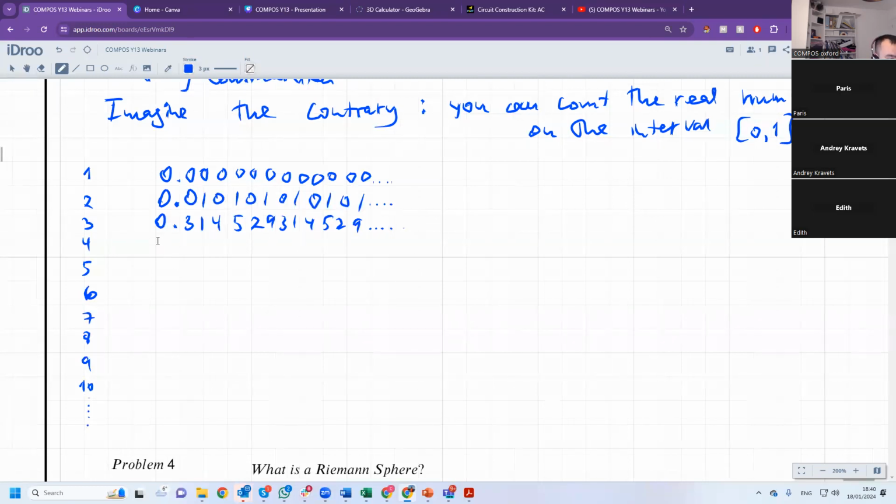The fourth is, I don't know, 0.12, 13, 14, 15, 16, etc. So imagine you've designed this perfect list which contains all the possible real numbers. Is that clear so far? You have a system. I don't know the system, but imagine that this is the beginning of an infinite list. Do you understand?